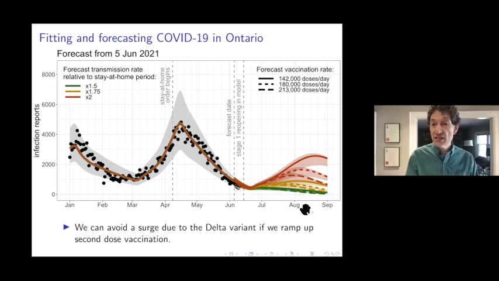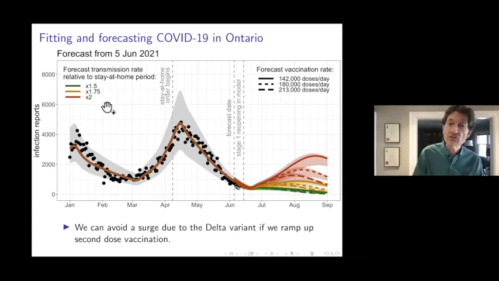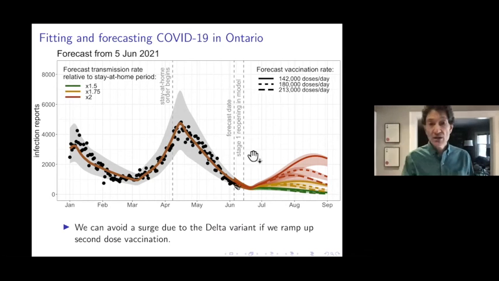And there are several scenarios shown here based on the plan for today. The opening is today, in fact, in Ontario. But what we don't know is whether that will lead to an increase in transmission rate by a certain amount. So we considered scenarios of 50%, 75%, or 100% increase in the transmission rate.